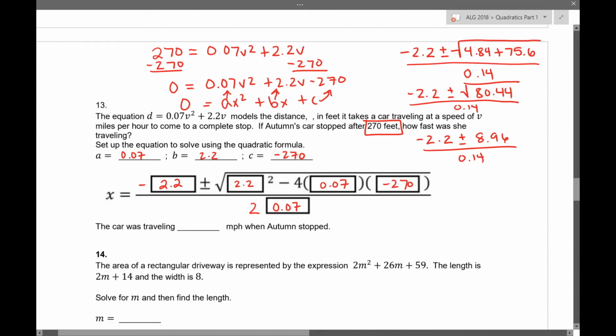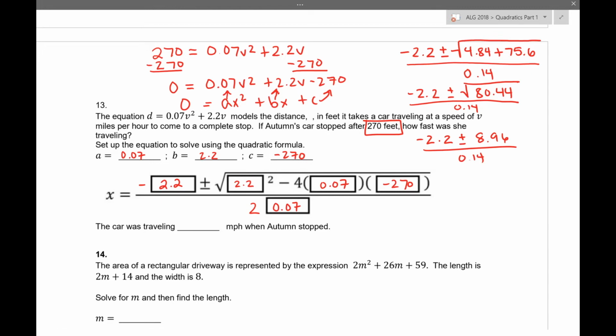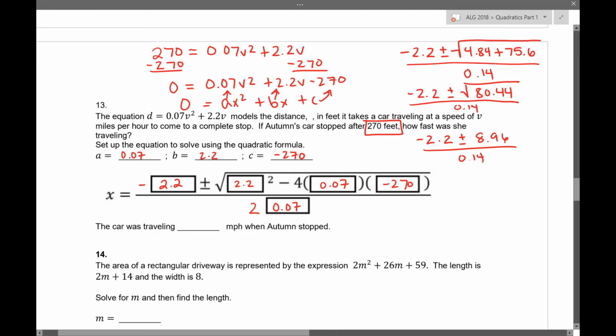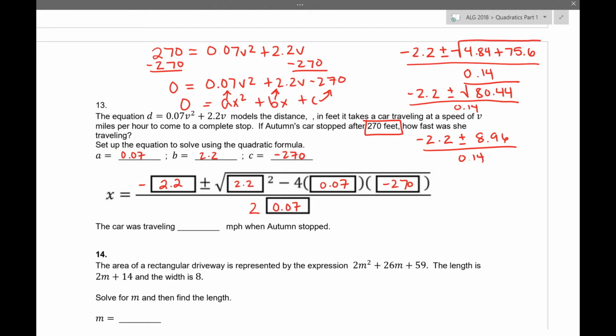Let's talk about this one. Normally I would do my plus and my minus, but since we're talking about how fast she was traveling in miles per hour, I can't have a negative miles per hour. So instead of wasting time subtracting, I'm just going to add.